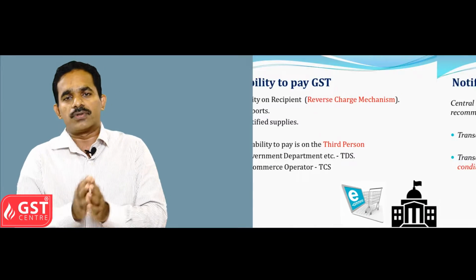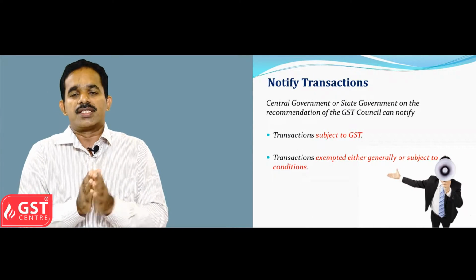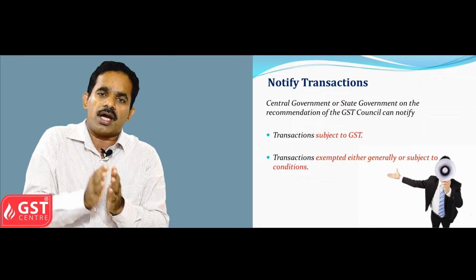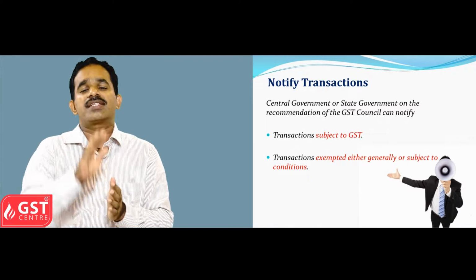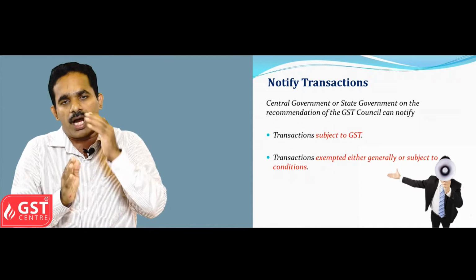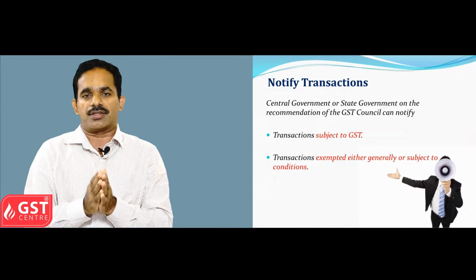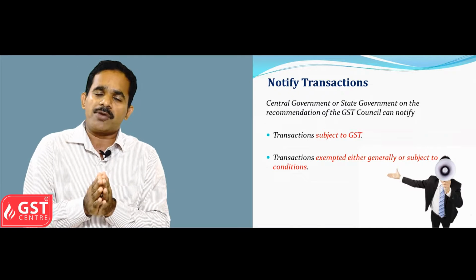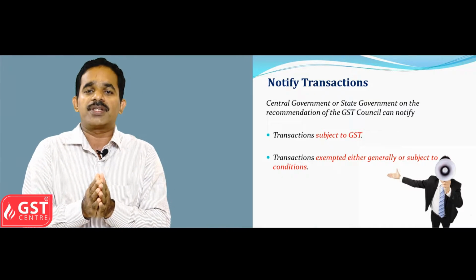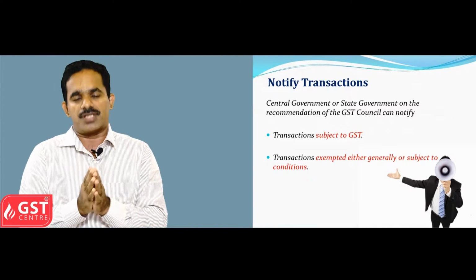In the case of goods and services, certain transactions come as taxable supply and some other transactions come under non-taxable supply. This decision is made by the central government or state governments as per the recommendation of the GST Council.